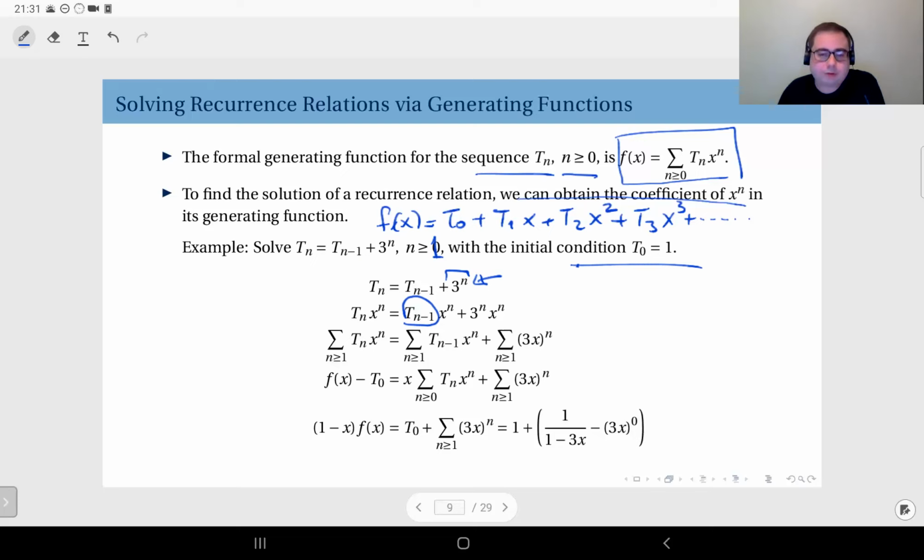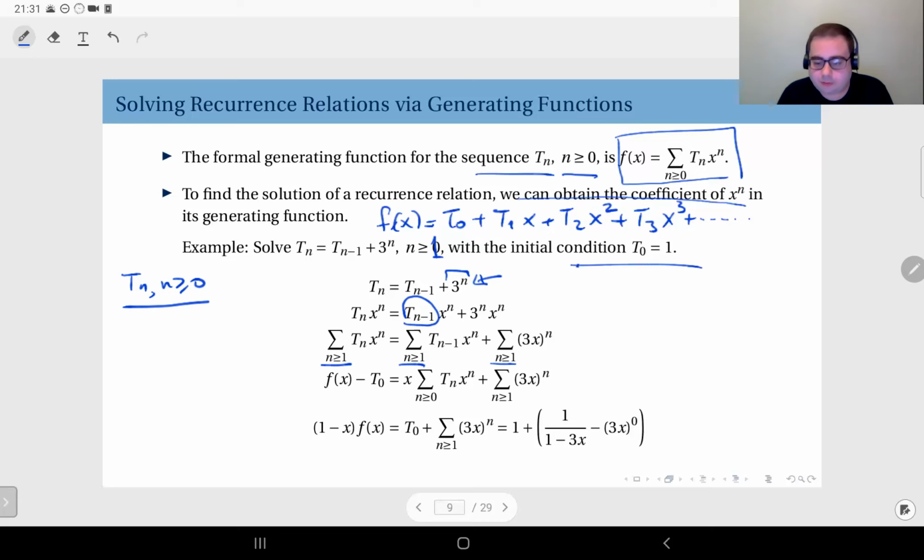Because in this context, t minus 1 is not defined. We are interested in Tn for n greater than or equal to 0. Okay, so look for the smallest index, which is n minus 1 in this specific example, and make it 0. Okay, so start the summation from 1 to infinity.